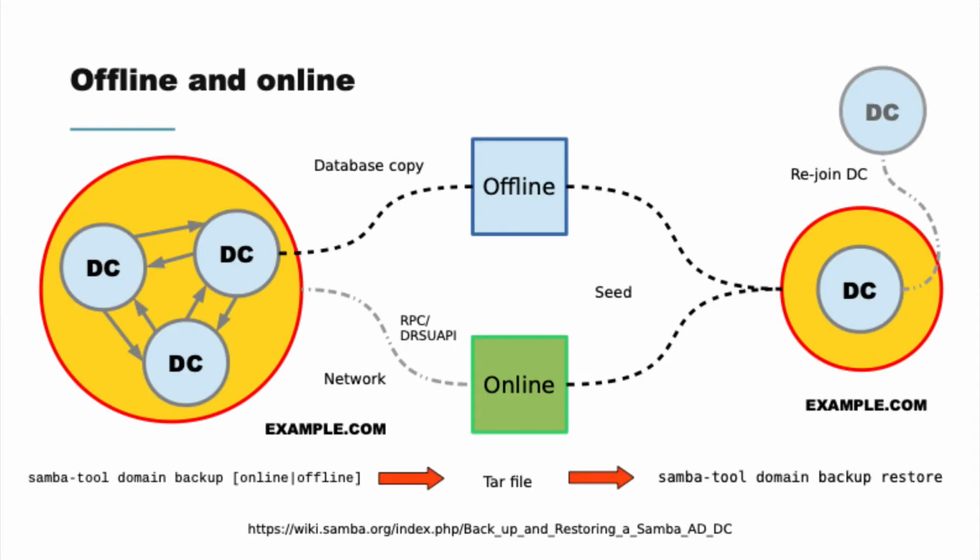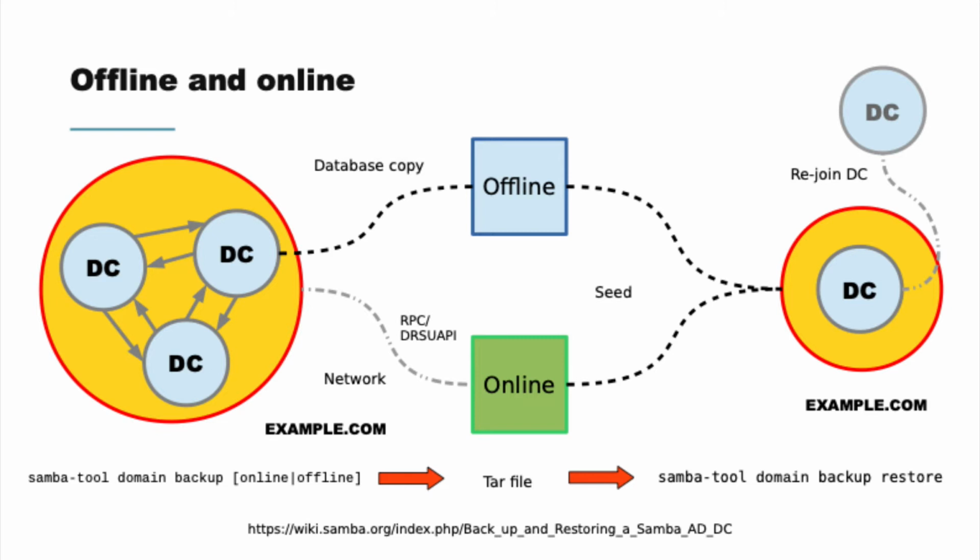So the basic gist of it is you have an existing network. You have your DCs, and you run the samba-tool domain backup, online or offline. Offline takes a direct database copy and locks it in the right ways.